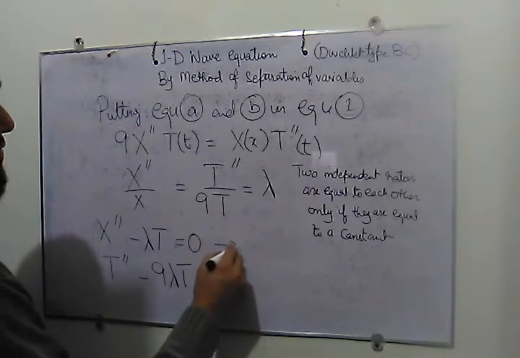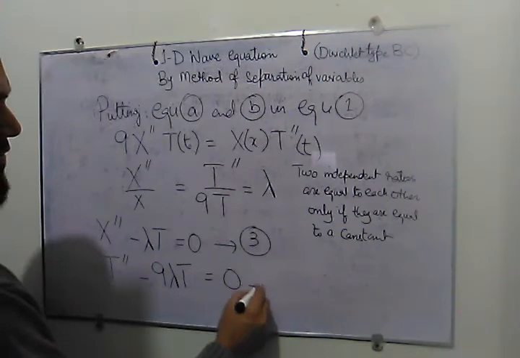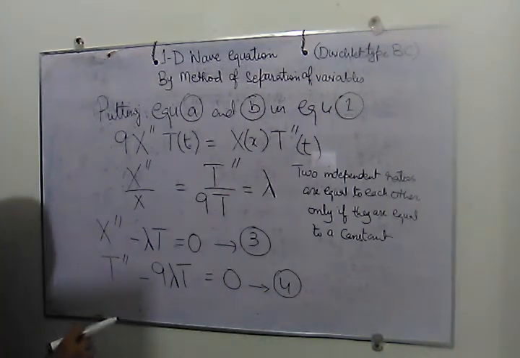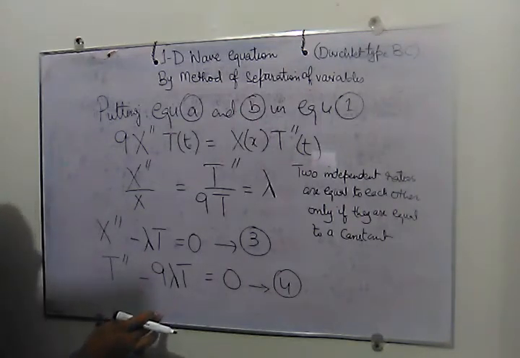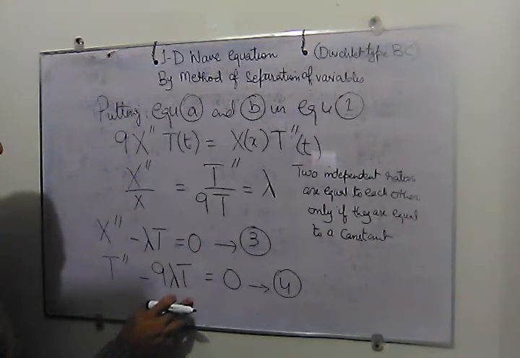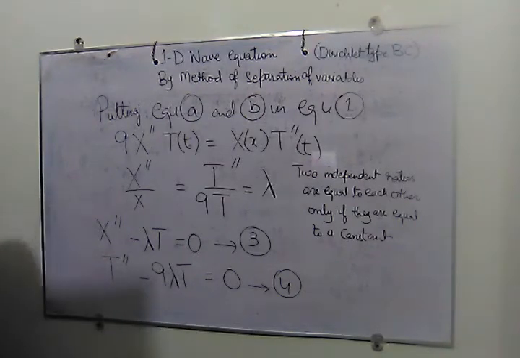We call them equation number 3 and equation number 4. So here we have separated the two variables and made two ordinary differential equations, which is the beauty of the method of separation of variables: we break our partial differential equation into two ordinary differential equations which are easy to solve. So we start by solving equation number 3.